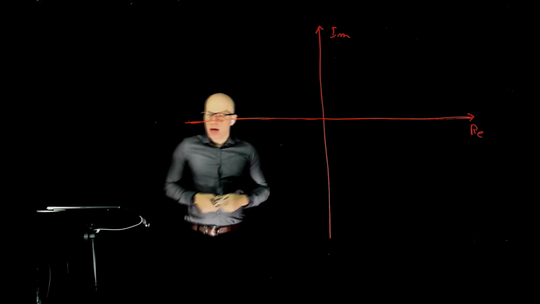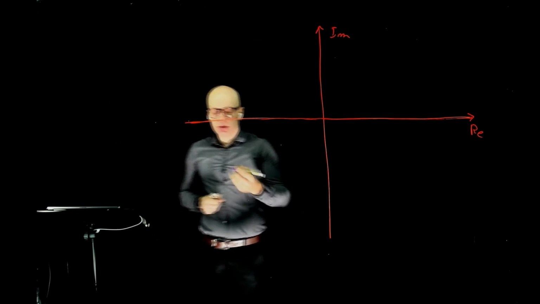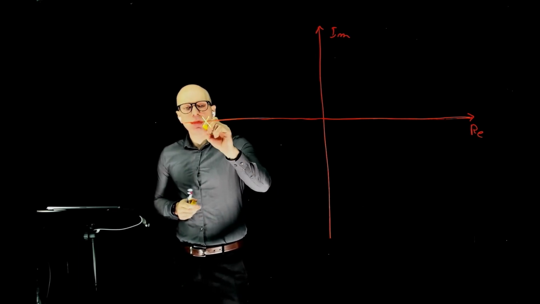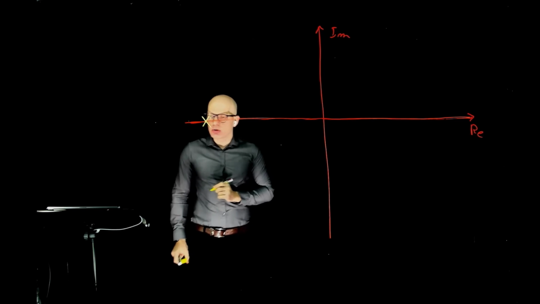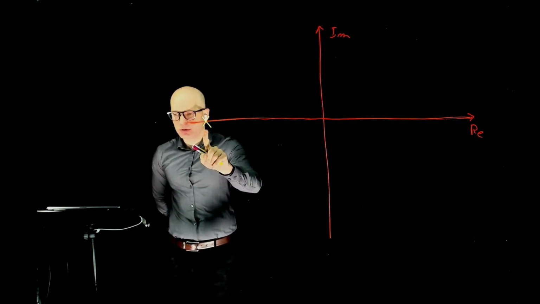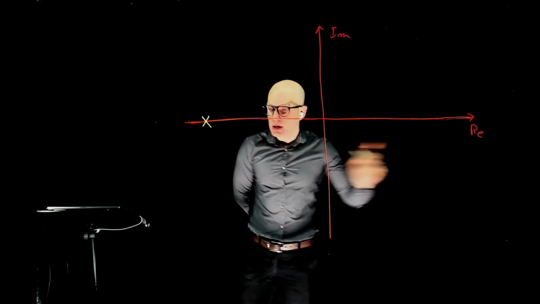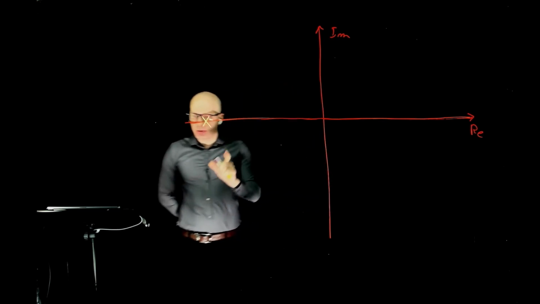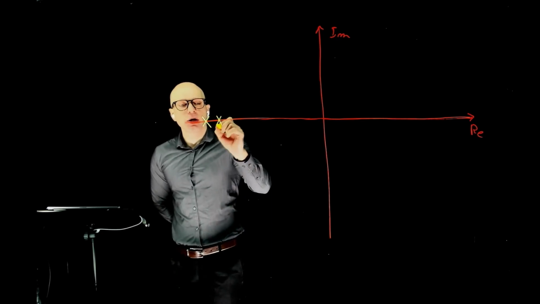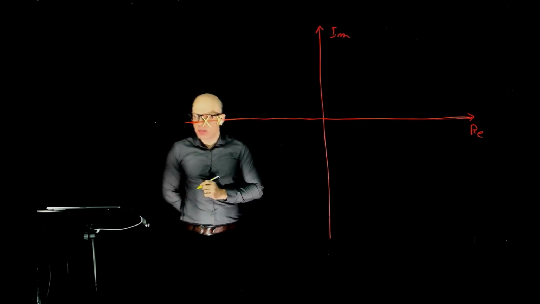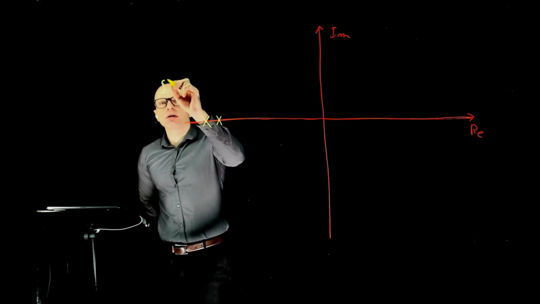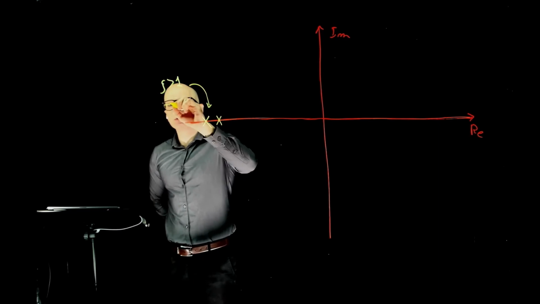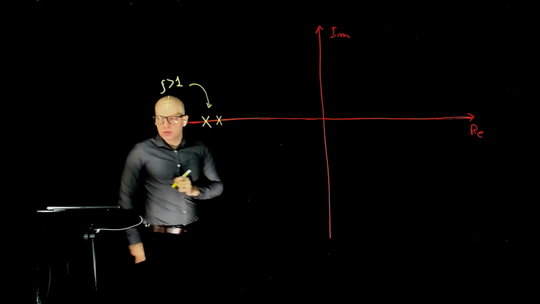When we started looking at first order systems, we defined that the first order system will have poles being placed always on the real axis, either on this side of the real axis or on that side of the real axis. Let's start here. For the second order system, we always have 1 pair of poles. They are both real if zeta is greater than 1. And when zeta is greater than 1, we have two distinct poles.